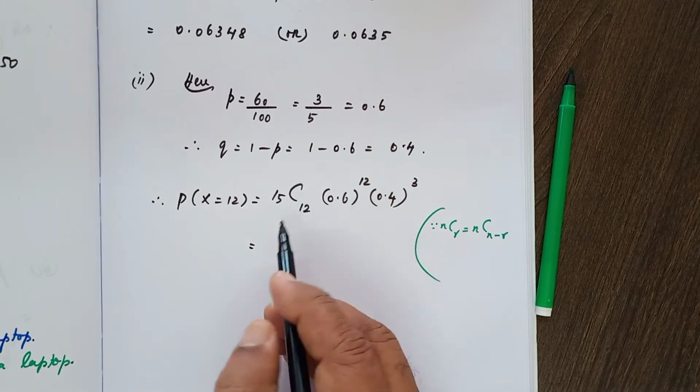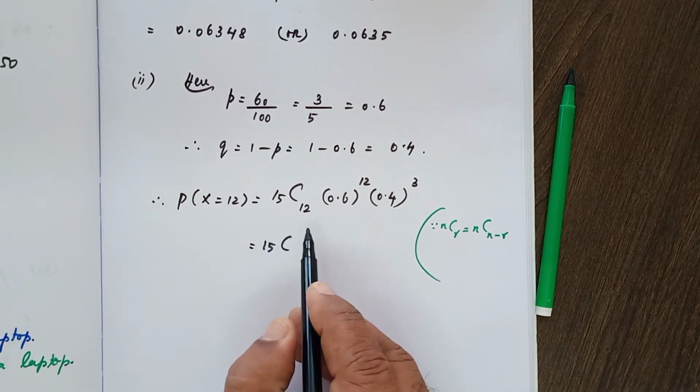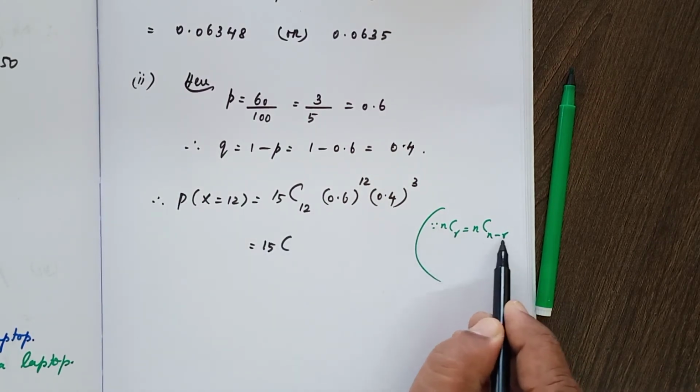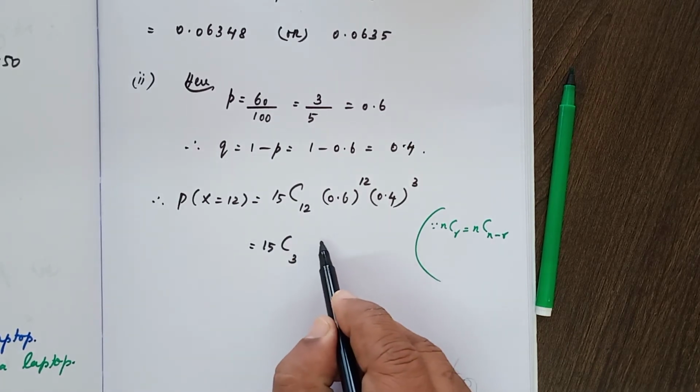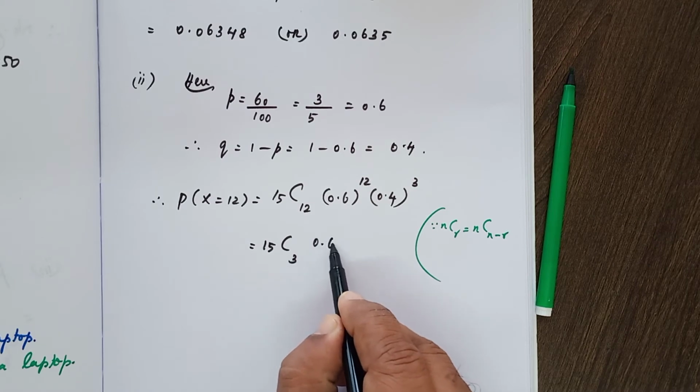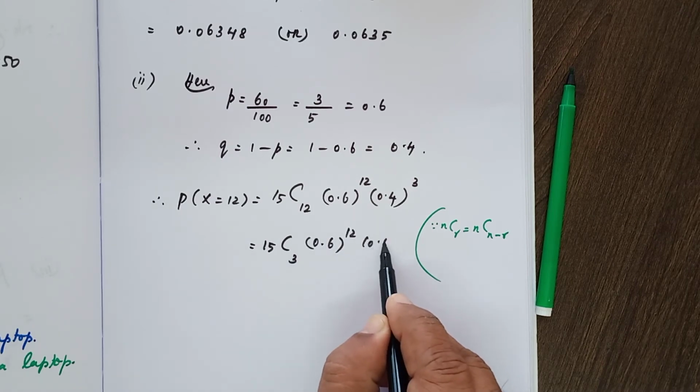According to that, 15 minus 12, 3. Both same only. Here 0.6 power 12 into 0.4 power 3.